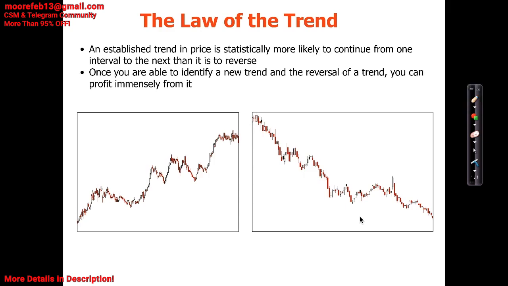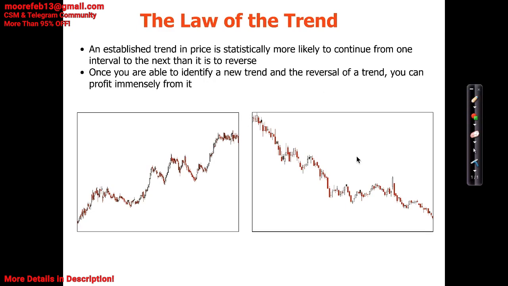And you never know how low it can go, because remember, the market is not logical. The market is emotional in the short term. So you never want to catch a falling knife, holding on a downtrend, swimming against the current. You're more likely to drown. You always want to wait for a downtrend to reverse into an uptrend before buying or holding a stock. So once you're able to identify a new trend and identify the reversal of a trend, that's how you profit tremendously from it.